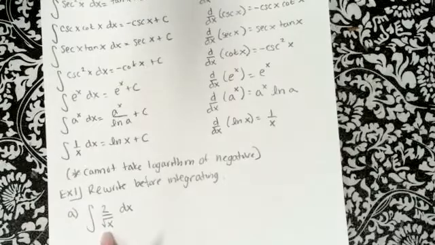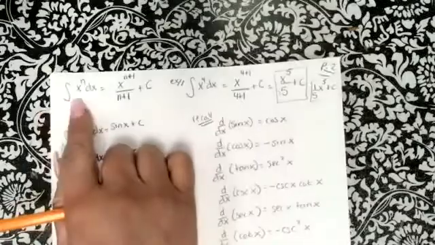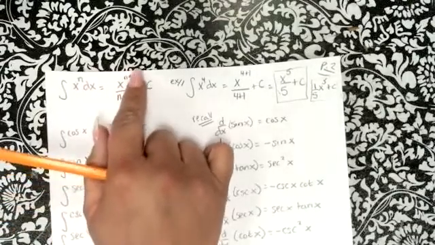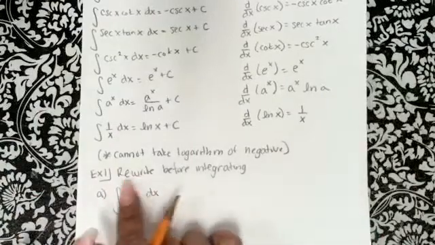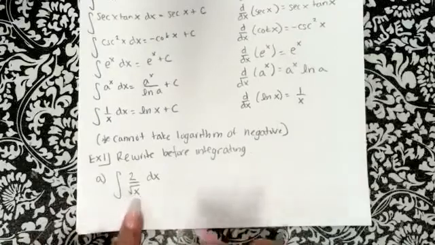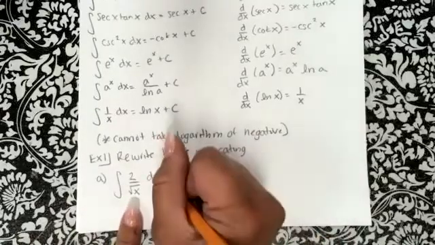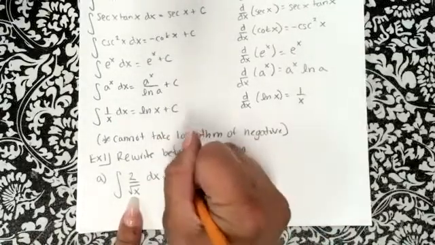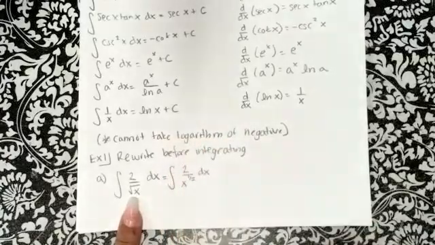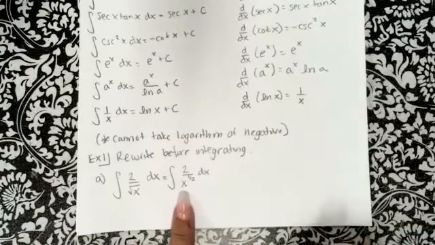The rule that I'm going to be using here is this one, where you add 1 to the exponent, and whatever the new exponent is, you divide by it. Before I can do this, I need to rewrite it. So the denominator is the square root of x. That is actually going to be 2 over x to the 1/2 power. Now, what makes it go to the denominator? What makes it go to the denominator is a negative exponent.